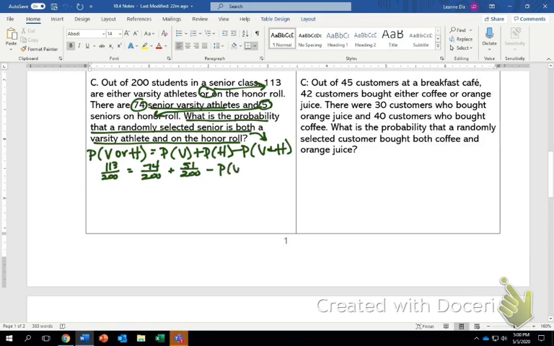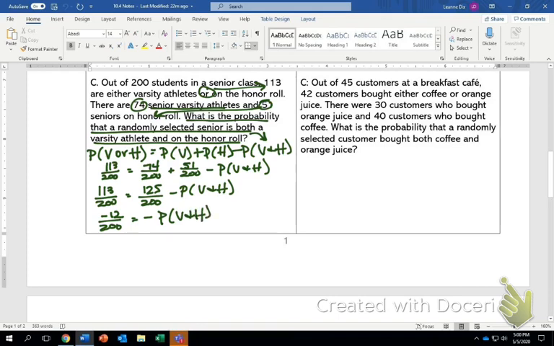And of course, I still don't know the probability of the and statement, so I'm just going to copy that down. Now I'm going to combine my like terms. All right, so 74 plus 51 is 125. I'm just copying everything down. All right, and then if I subtract that, I'm going to end up with a negative 12 over 200, and that equals my negative probability of varsity and honor roll.